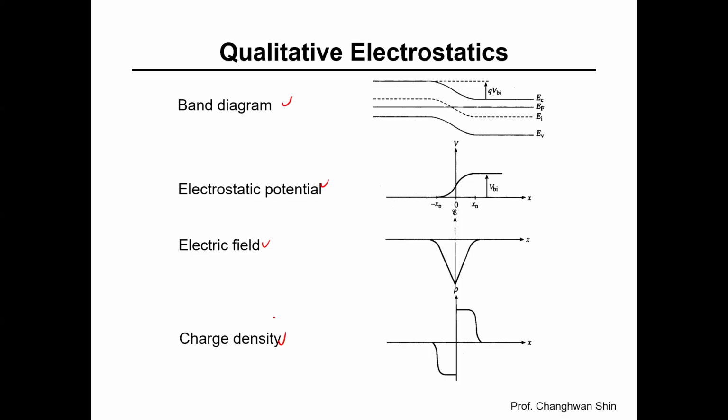Starting at the bottom with the charge density, denoted as rho, when we bring p-type and n-type semiconductors together, we get a region where positive charge exists on the n side from ionized donor atoms that have lost their electrons, and negative charge exists on the p side from ionized acceptor atoms that have gained electrons.